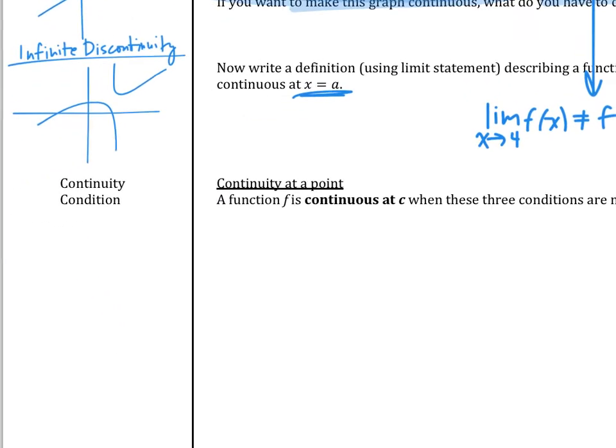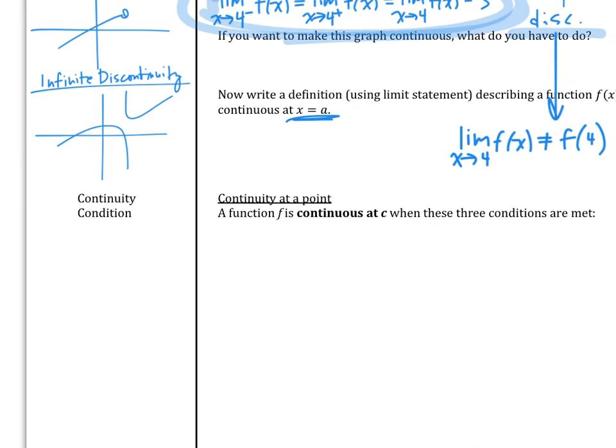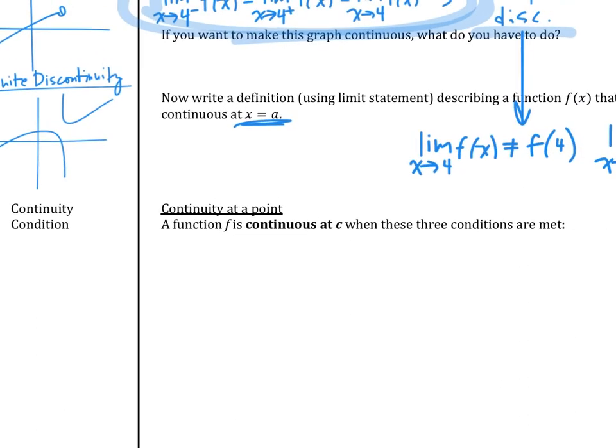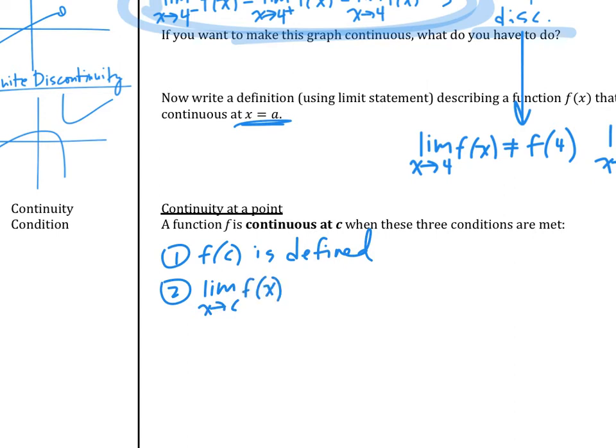All right, so here is the main idea. The continuity condition says a function f is continuous at c when these three conditions are met. First, f of c is defined. We have to have a number at c. Second, the limit at c exists.